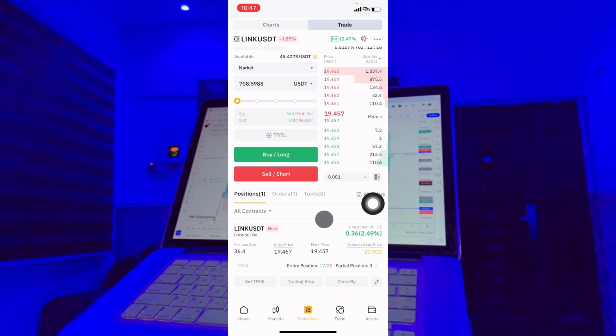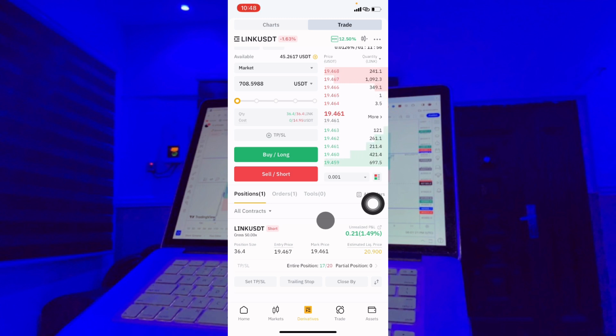I also want to tell you that when you enter a trade, there are only 4 things you can do. I've been telling my students, this is how I've been able to grow my account. If you enter a trade and the trade is going well, you can move your stop loss to entry, right? You can move your stop loss to entry. So this is what I usually do.